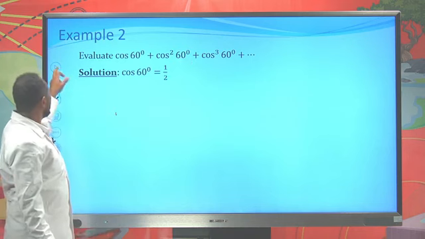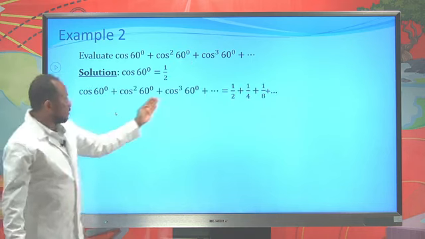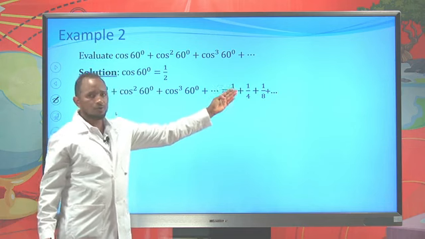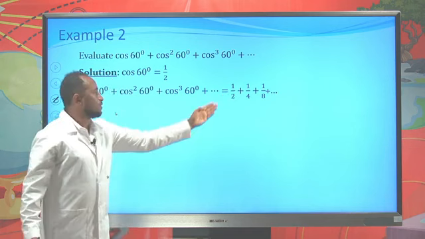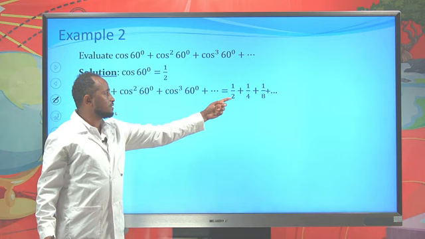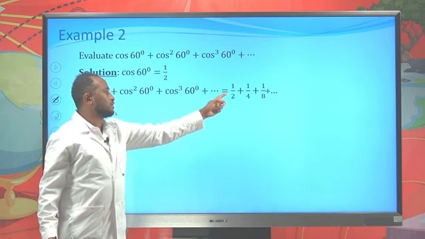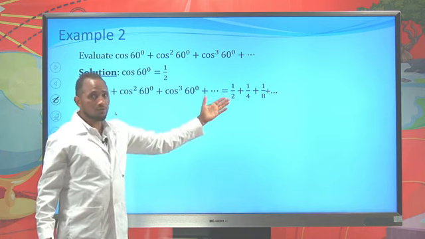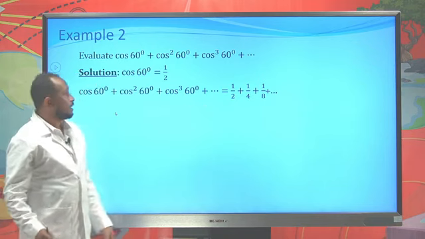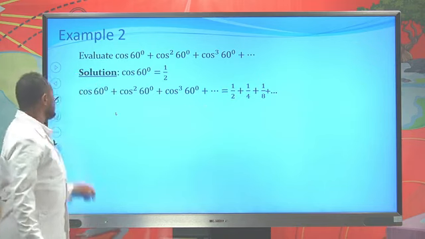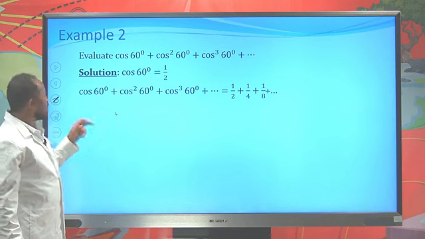This equals 1 over 2 plus 1 over 4 plus 1 over 8, and so on. So this is a geometric series with first term 1 over 2 and common ratio also 1 over 2. So you can apply the formula S infinite is equal to g1 over 1 minus r.